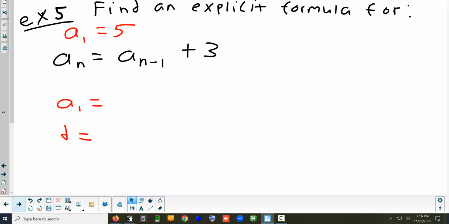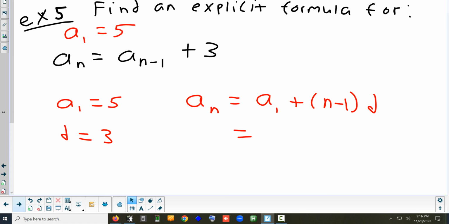What's the first term in that sequence? 5. And what are they telling you to add each time? 3. Just fill those two numbers into the formula. So a sub 1 plus n minus 1 times d. Okay, a sub 1 is 5, and d is 3.